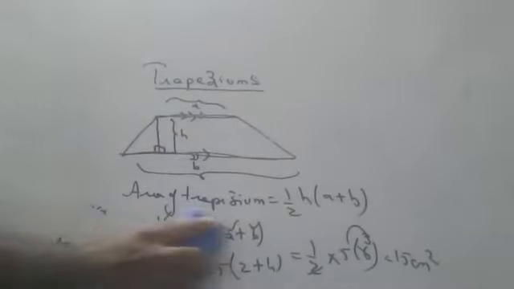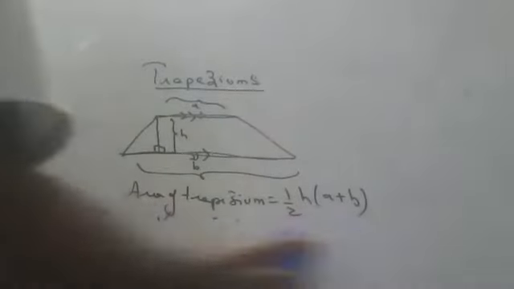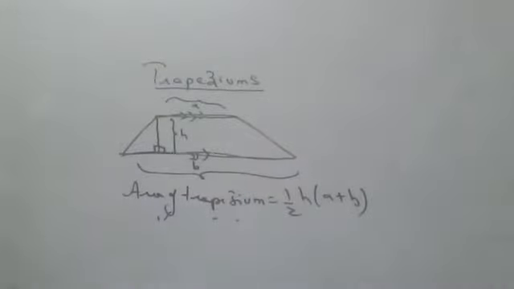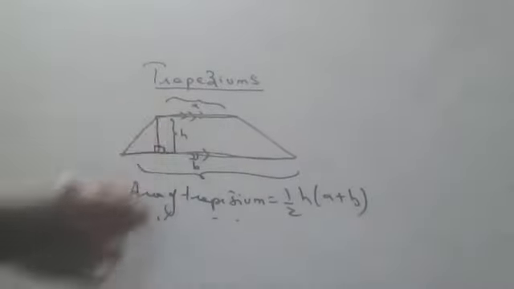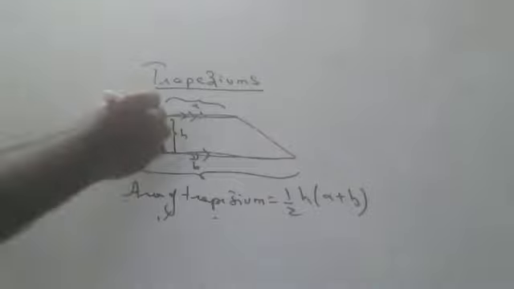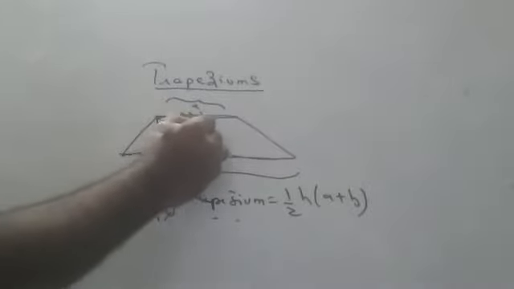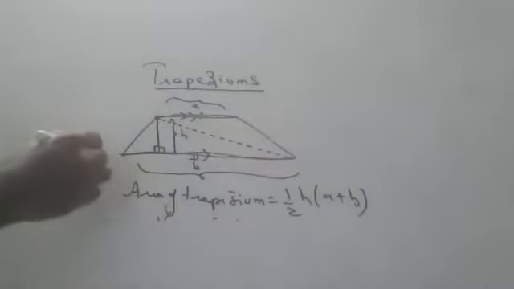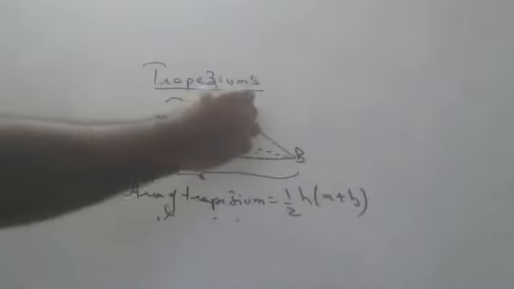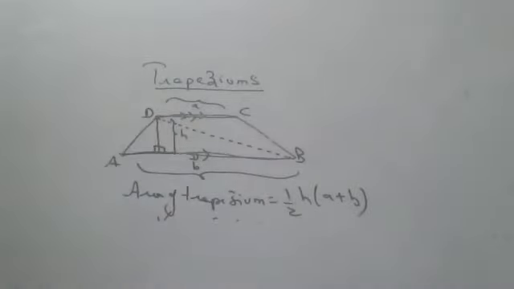Now first I will show how you got this formula, the derivation of half h into a plus b. Very easy, children. Suppose, imagine a, b, c, d.